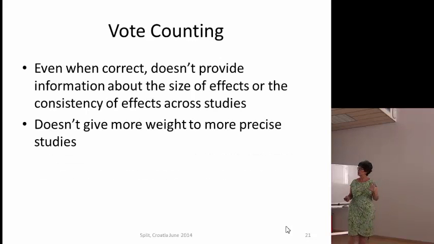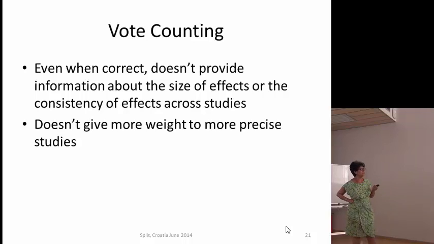Okay, so just to conclude about vote counting, even when vote counting actually reaches the overall correct conclusion, so the treatment worked or the treatment didn't work, it still falls short in a couple of important ways. It doesn't tell you how strong the effect is.